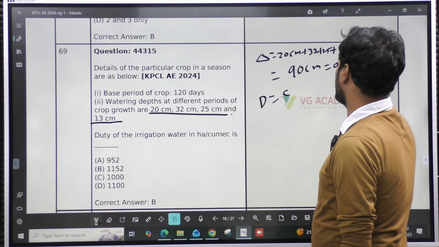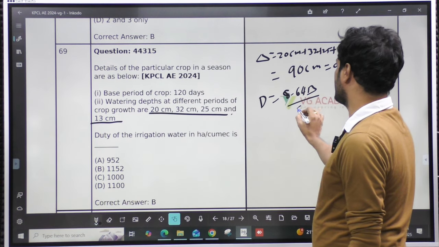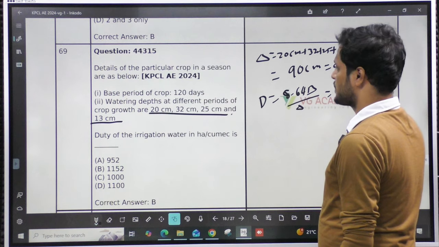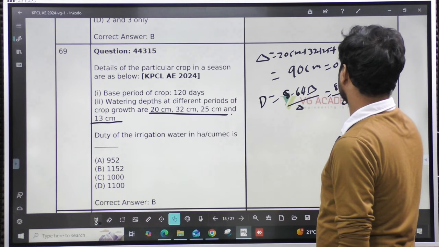So this is 0.9 meters. So duty is 8.64 B by delta, so 8.64 B divided by delta 0.9.